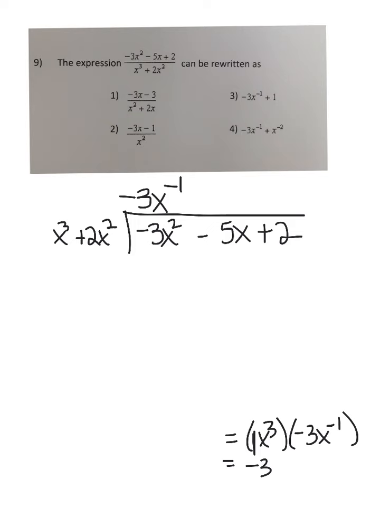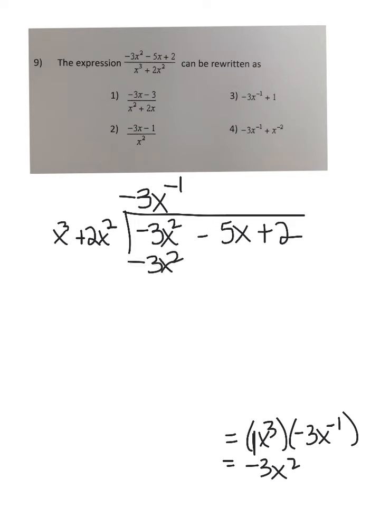So remember, you keep the base and then you add these exponents. And 3, when I add it to negative 1, is 2. Okay? So you can see what I have right here. That is what I have right here, okay? All right, so again, when I multiply these two, that's going to give me negative 3x squared.